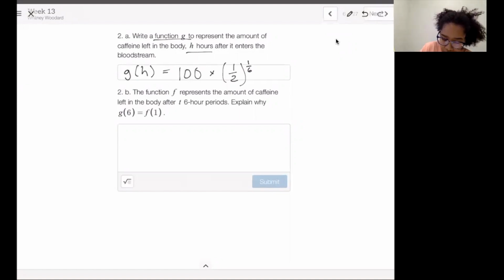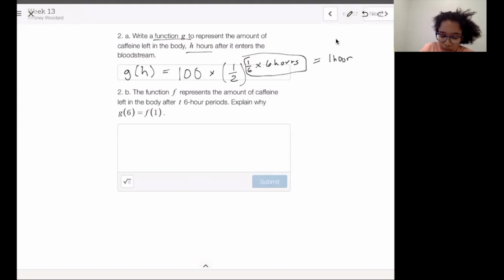And so remember, what we've been doing so far is multiplying the exponent by one time period. So we know one time period has 6 hours. So this exponent right here is telling us about 1 hour.